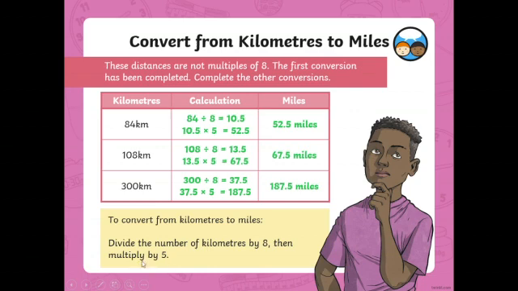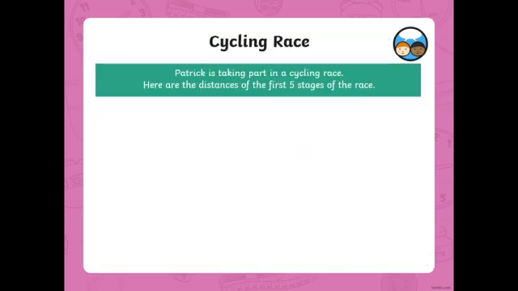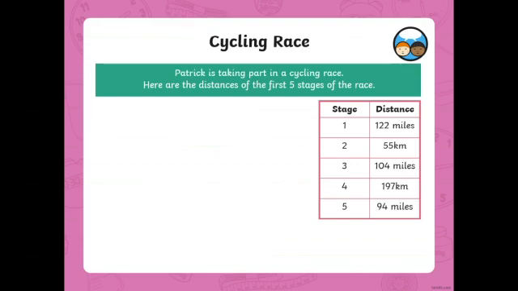So just a little challenge for you to have a go at then. Patrick has taken part in a cycling race. Here are the distances of the first 5 stages of the race. Stage 1, 122 miles, stage 2, 55 kilometres, stage 3, 104 miles, stage 4, 197 kilometres, stage 5, 94 miles.